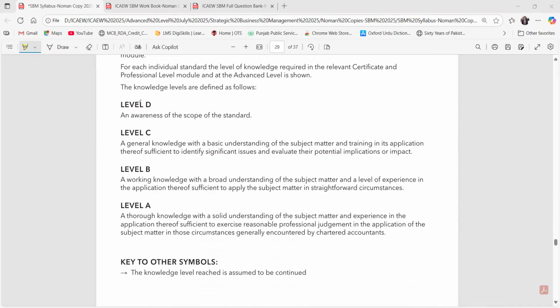Here you can see level D, level C, level B, and level A. These are four knowledge levels defined by ICAEW.